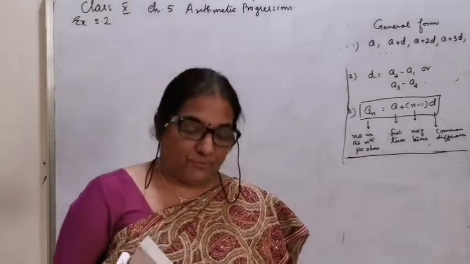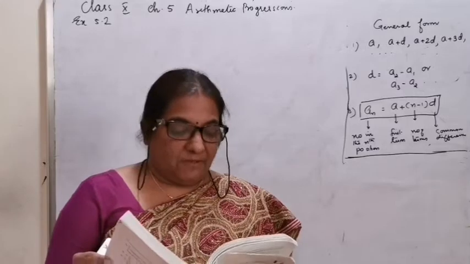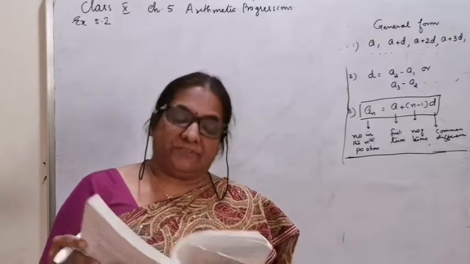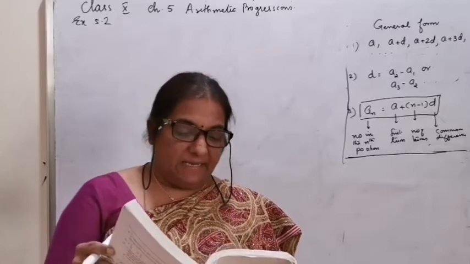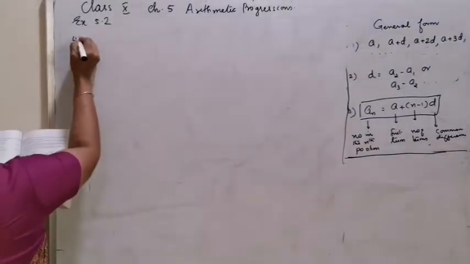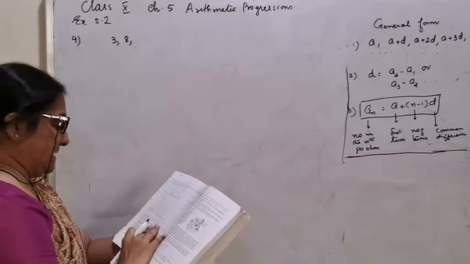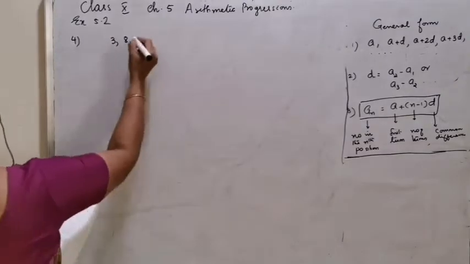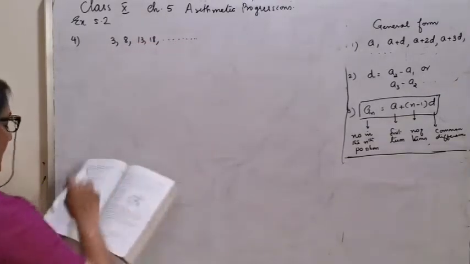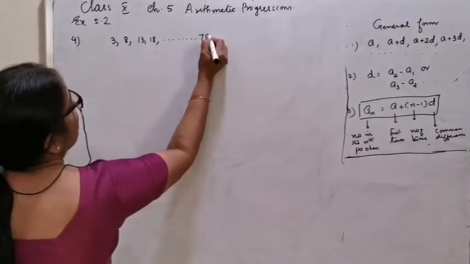Question number 4. Which term of the AP 3, 8, 13, 18, etc. is 78? That means which term of the AP? If you write the AP as 3, copy the question as they have given you, 3, 8, 13, 18, etc. and they have given you the last term as 78.